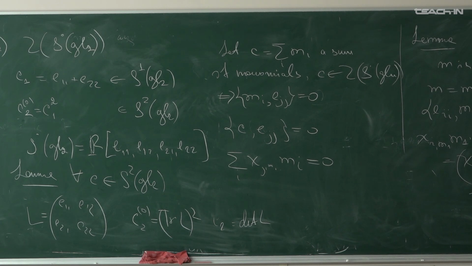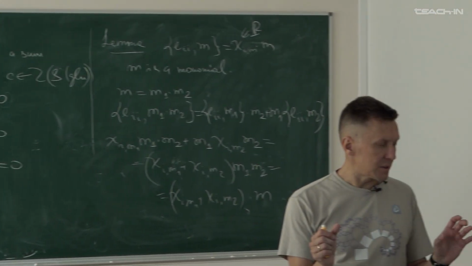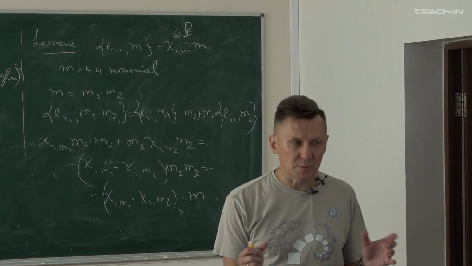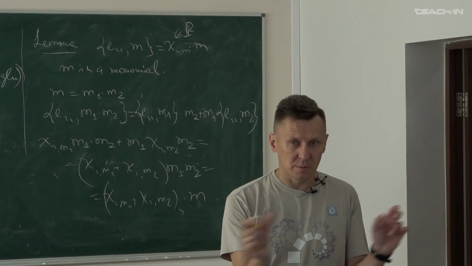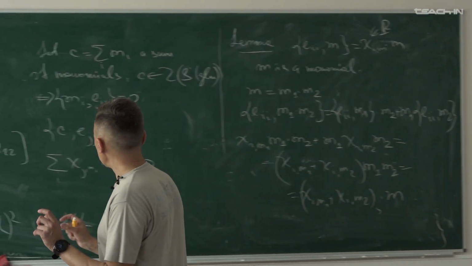Because the commutator with the diagonal elements doesn't merge the monomials of different type.